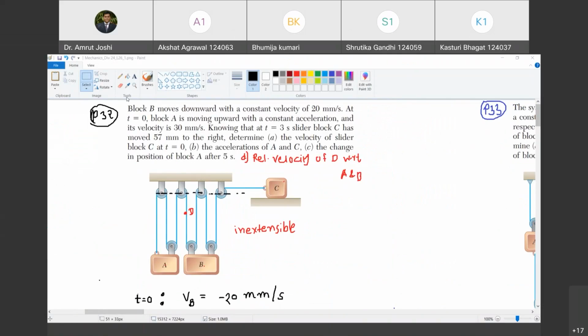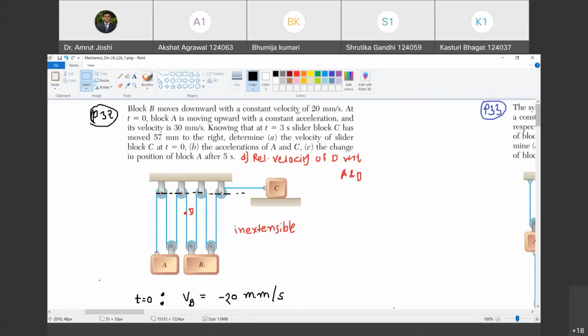Yes. Okay. So block B moves downwards with a constant velocity of 20 mm per second. In this statement, there are two observations that we have to make. One, block B is moving down at time t equal to 0 with a velocity of 20 mm per second downward, and at the same time, its acceleration is going to be 0 because it is moving with constant velocity.